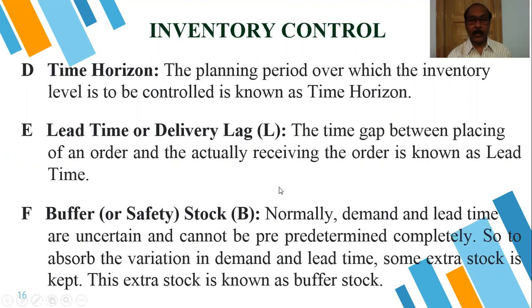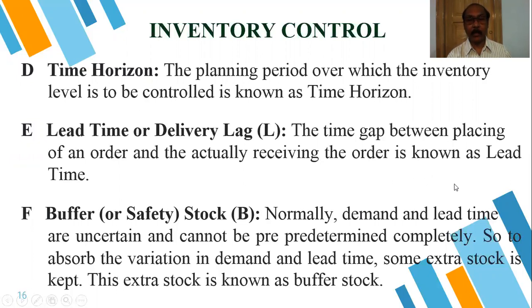That means if the order is not delivered within the delivery date mentioned in the order, we are expecting the materials will be delivered so we can start production. If not, from the past record we can find out the maximum lead time, the delay of the lead time.